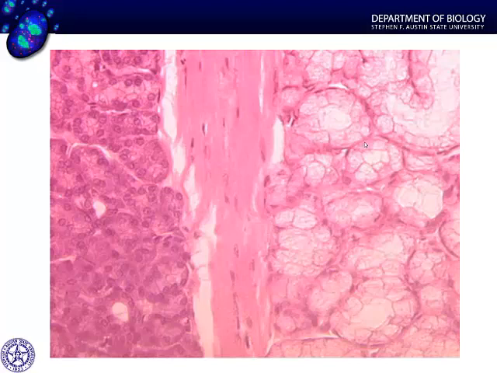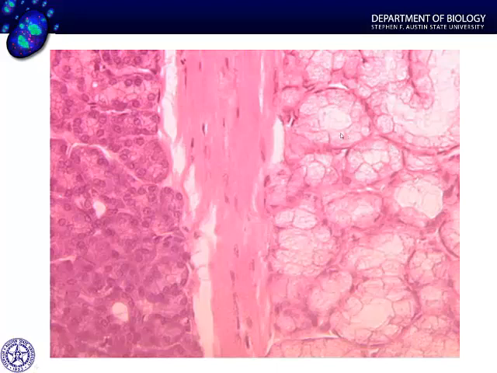This is a nice illustration because it really shows the comparison and contrast between mucus acini, which is on the right, and serous acini that you see on the left, separated by connective tissue. We have pale staining cytoplasm. Our nuclei are really flattened to the base. These almost look like nuclei of our squamous epithelial cells.